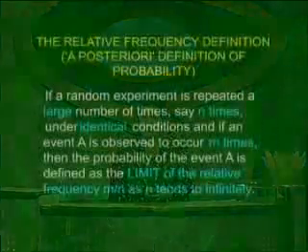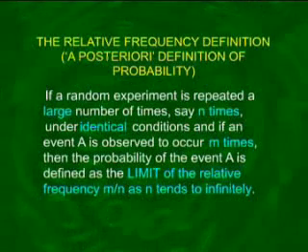As you can see on the screen, if a random experiment is repeated a large number of times, say n times, under identical conditions, and if an event A is observed to occur m times, then the probability of the event A is defined as the limit of the relative frequency m over n as n tends to infinity.